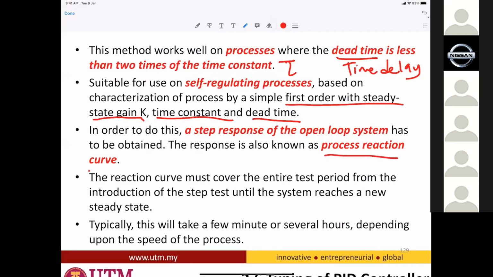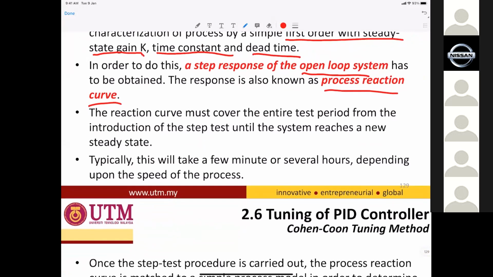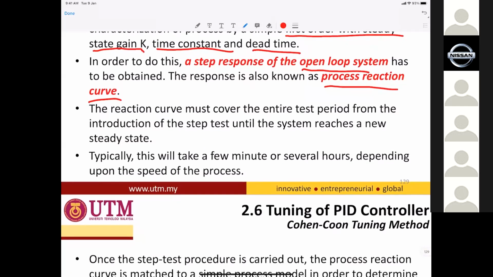The reaction curve must cover the entire test period from the introduction of the step test until the system reaches a new steady state. Typically this will take a few minutes, very slow, or several hours, depending upon the speed of the process.